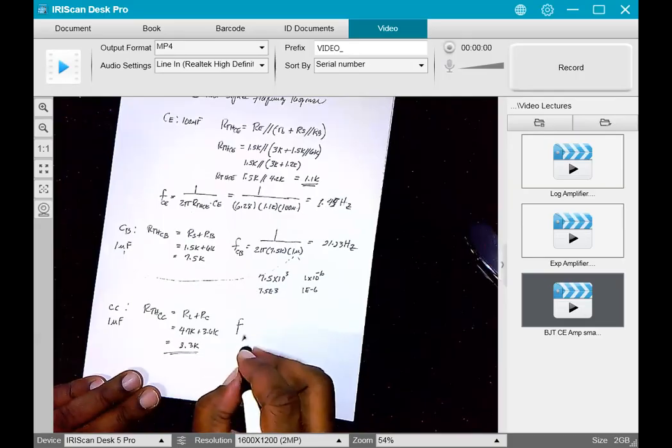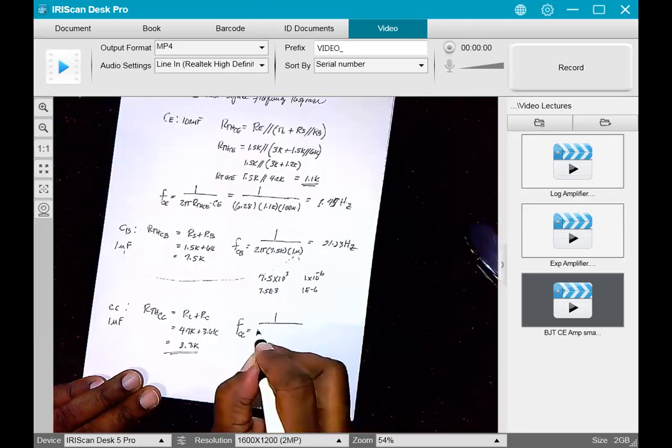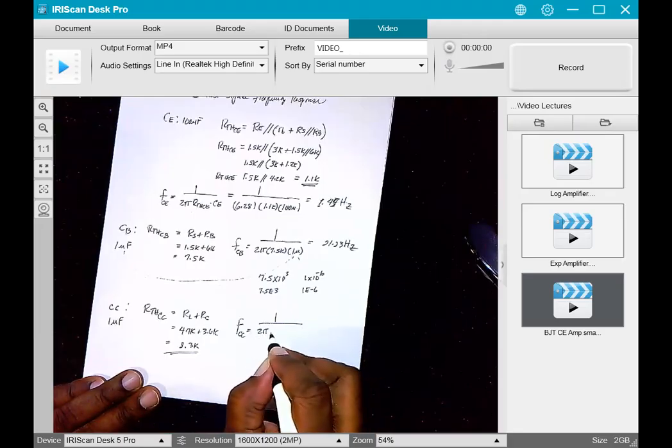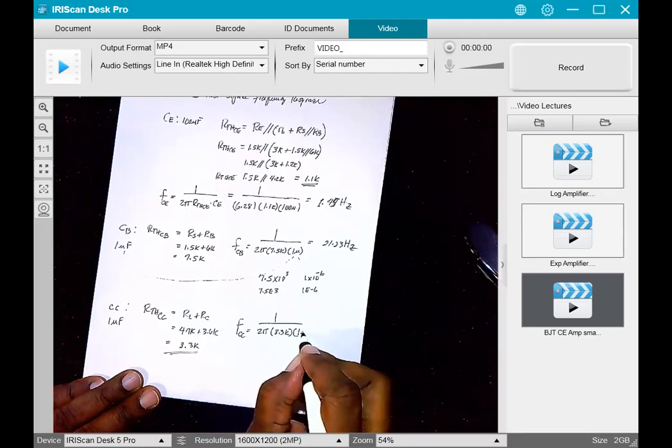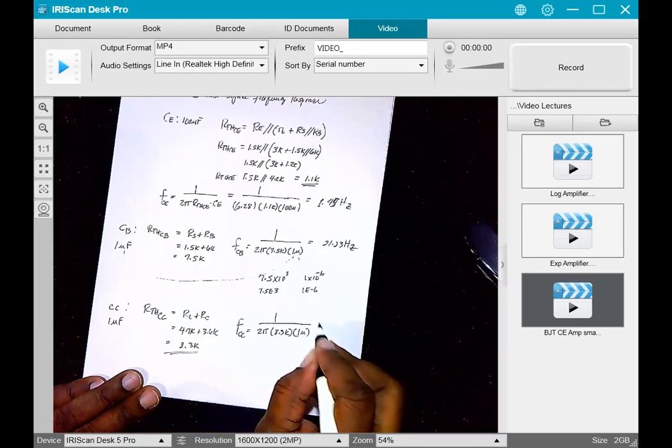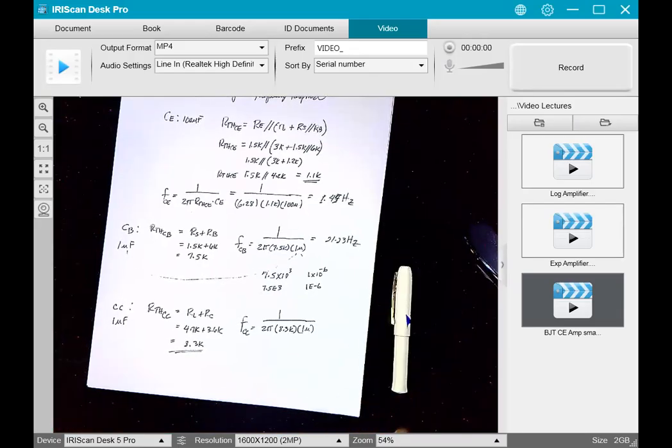Then my pole, F sub C, is 1 over 2 pi R, R is 8.3K, and my C is 1 micro, or 10 to the minus 6. So what do we get here? 6.28.